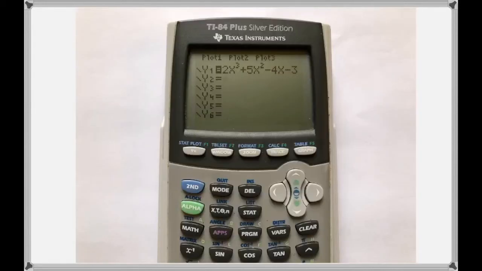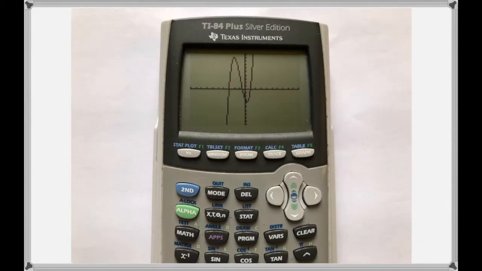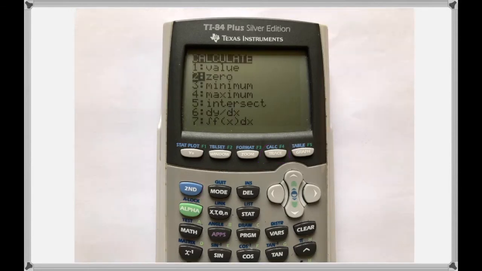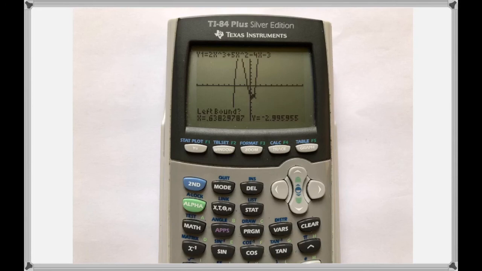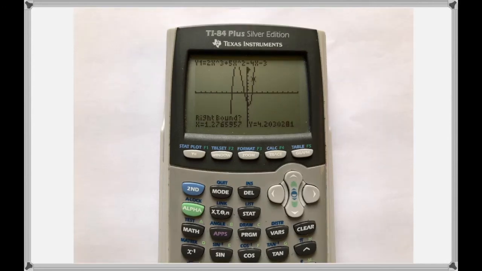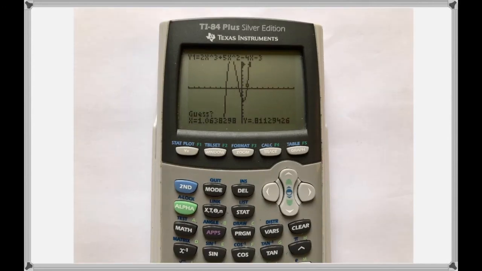So I want to enter in my polynomial into y1 and then graph it and then press second calc or second trace, and then in the calculate menu I want to select number 2, which is the 0 command, and then I need to select somewhere to the left and press enter, somewhere to the right and press enter.